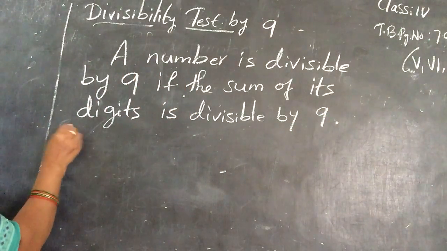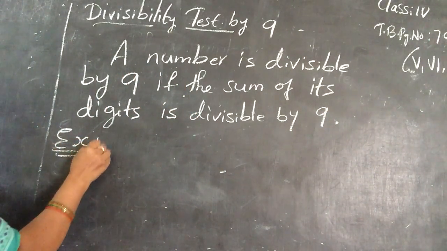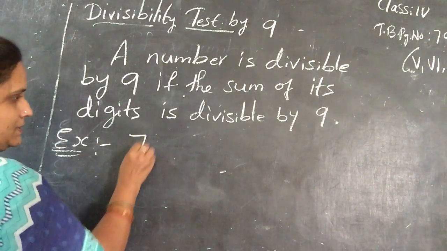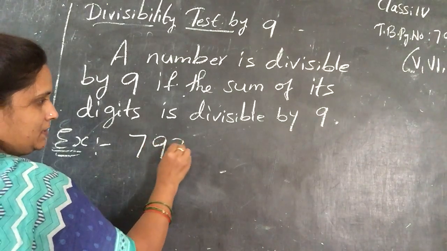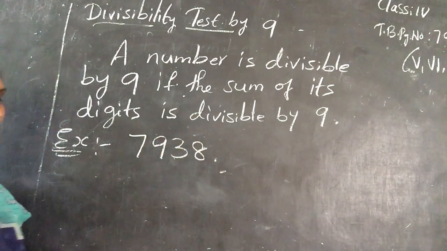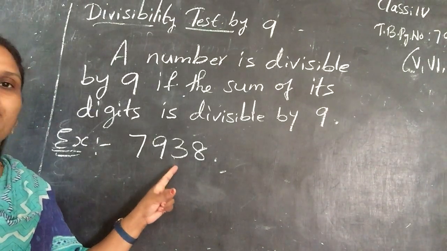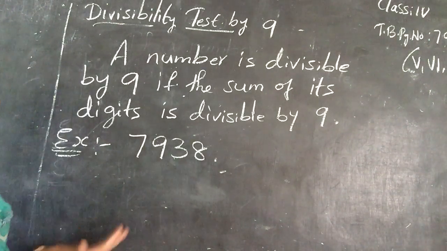Okay, example. For this example, I am taking section 6, the first sum: 7938. Check whether 7938 is divisible by 9 or not.